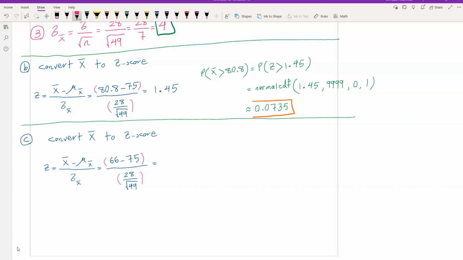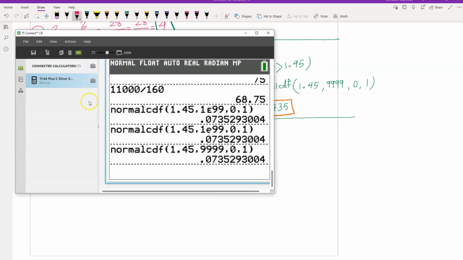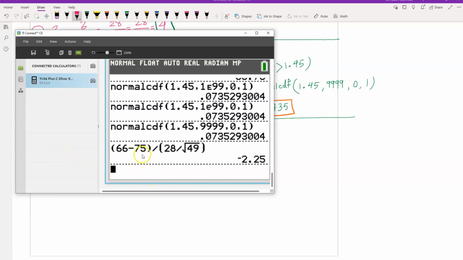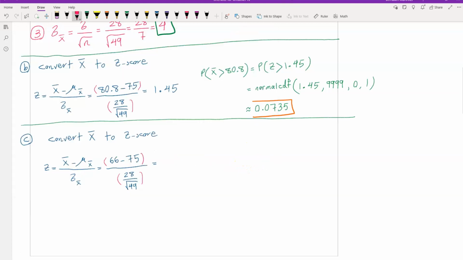Entering these into a TI-84 or any other calculator, I use parentheses, numerator, denominator, and the answer is -2.25.